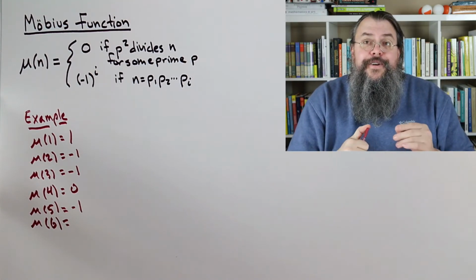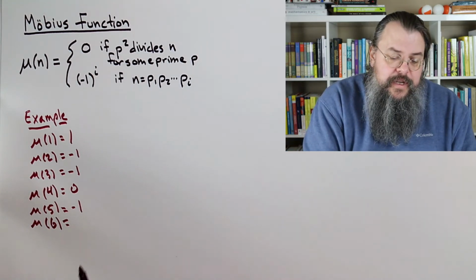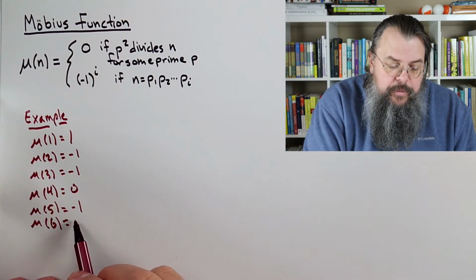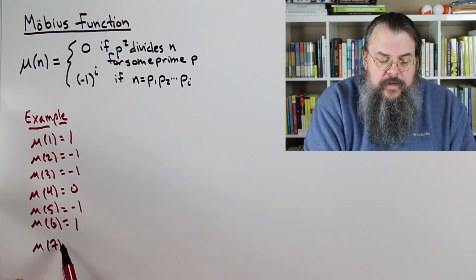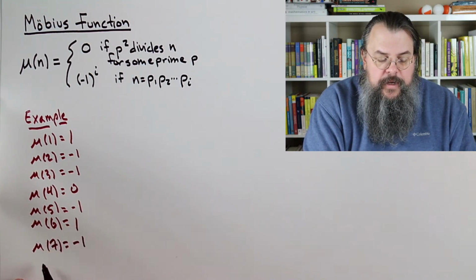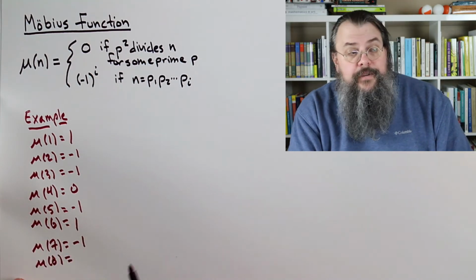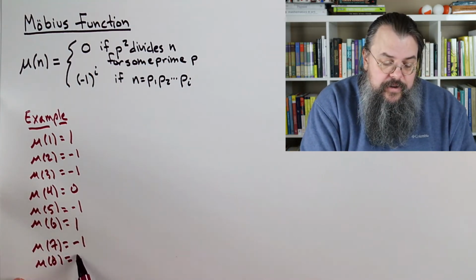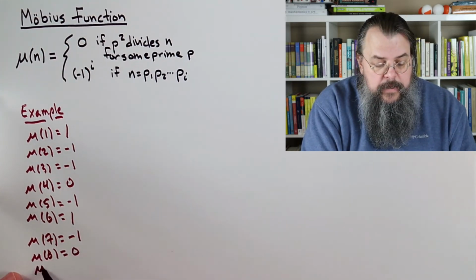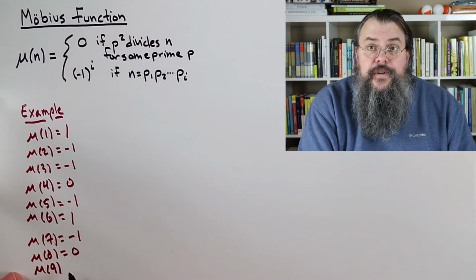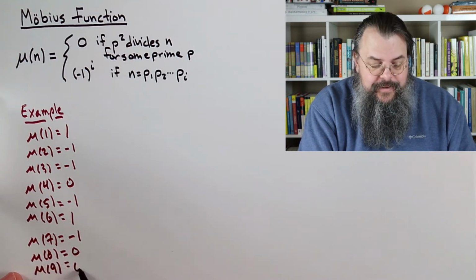All right, so 2 primes, that would mean even number, that's a +1. How about 7? Well, that's a single prime, -1. 8? Well, 4 divides it, so we're back to 0 again. How about for 9? Well, 3 squared, so that's 0.